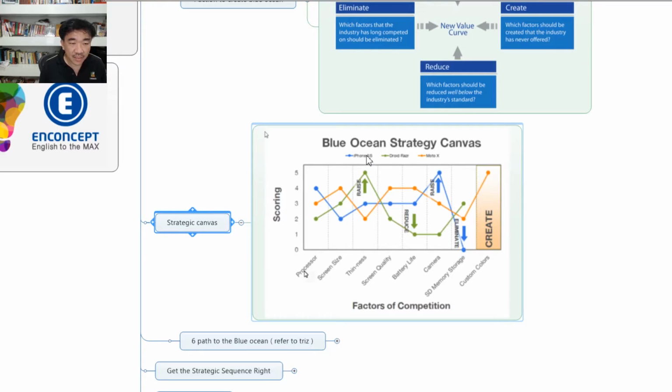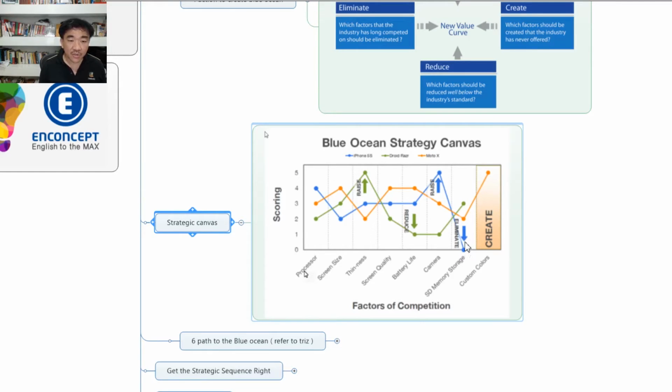If you compare the offerings from different companies, for example, E means eliminate. The first company that eliminated something is iPhone, or Apple. They eliminated the SD card that lets you extend the memory.